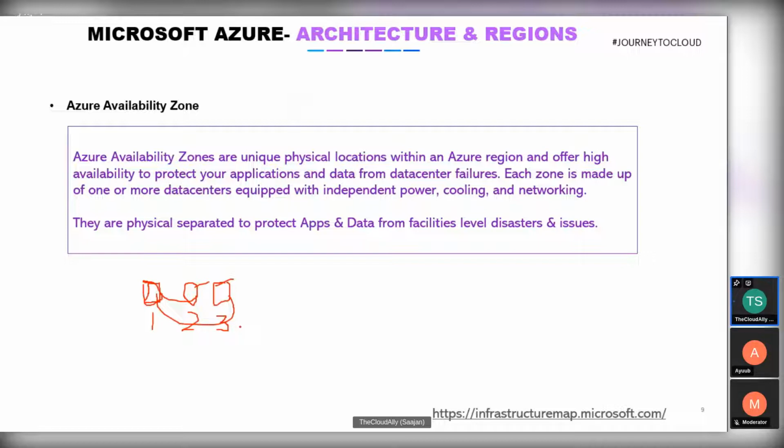Let's say you launch a machine here and you set availability zone as two or three. It will reserve a public IP for you in these two zones only, or whatever zone you mentioned. But if you want that same IP to be used even if the availability zone fails, then you have to select one only.